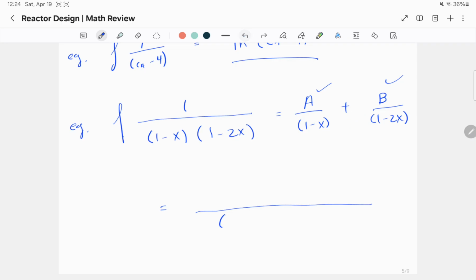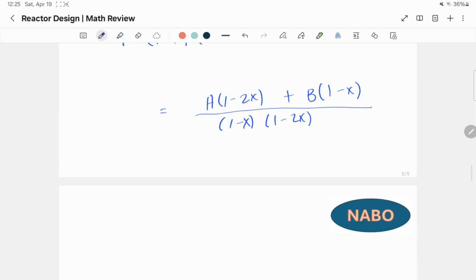Okay, the common denominator will be 1 minus x times 1 minus 2x. Top side will be A times 1 minus 2x plus B times 1 minus x.